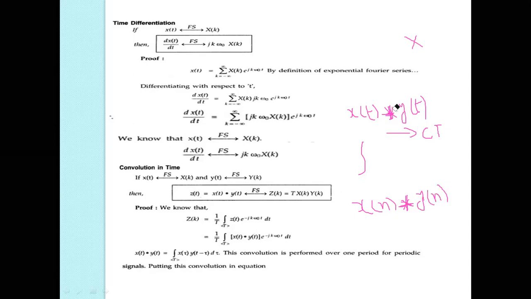or h of n also. To avoid confusion, you can take it as h of t: x of t, h of t, or x of n, h of n, or y of n also.